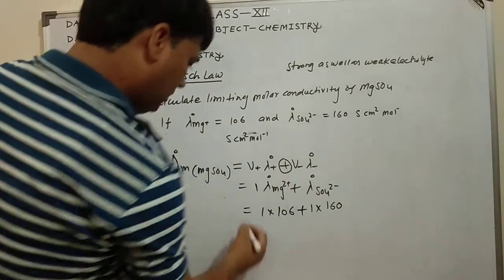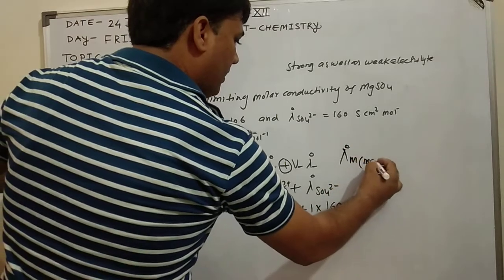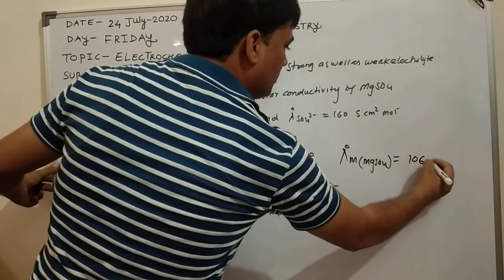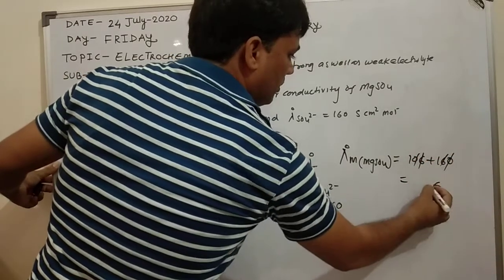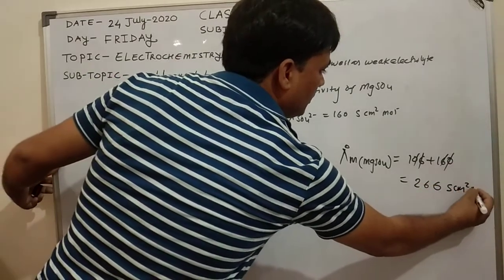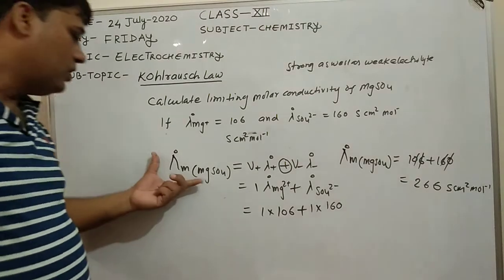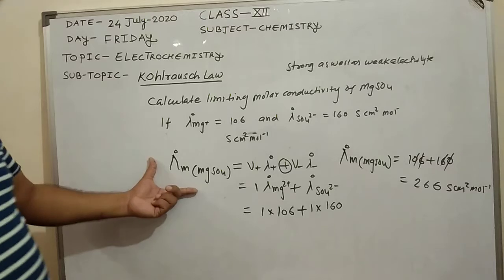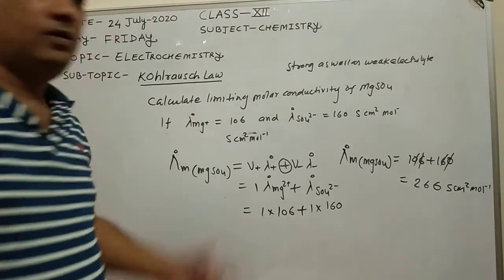So lambda naught MgSO4 is equal to 106 plus 160, that is 266 Siemens centimeter square per mole. So in this way we can calculate lambda naught for MgSO4, that is the limiting molar conductivity of MgSO4, from the given data.